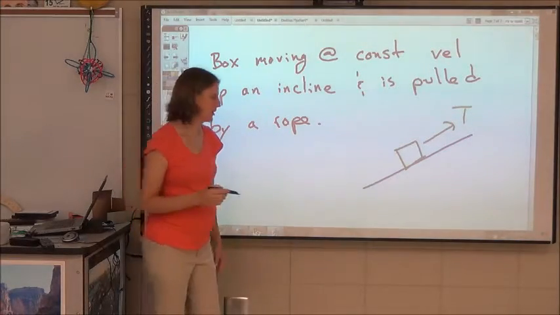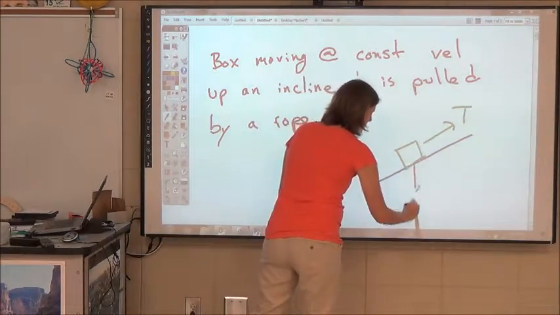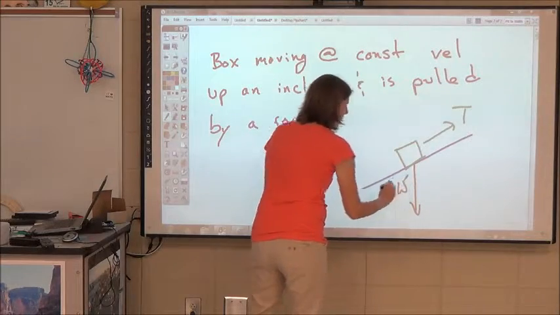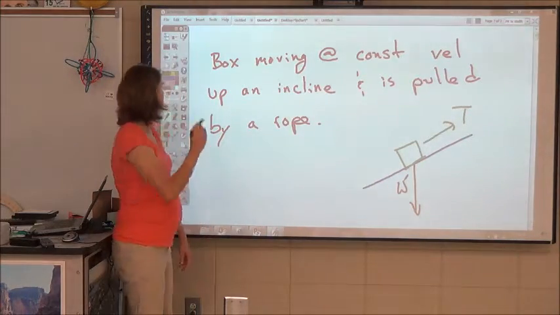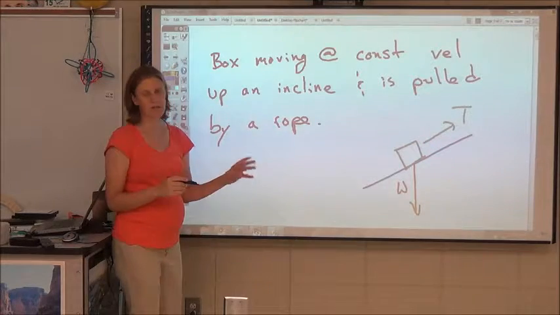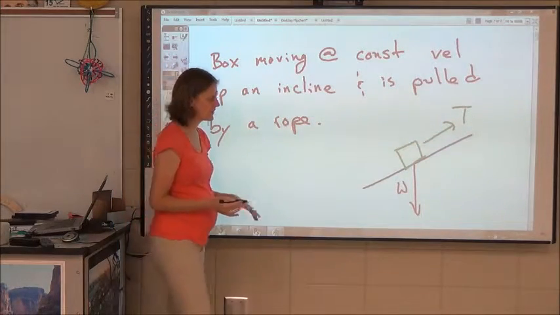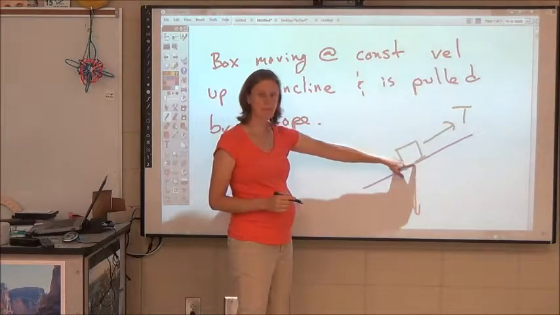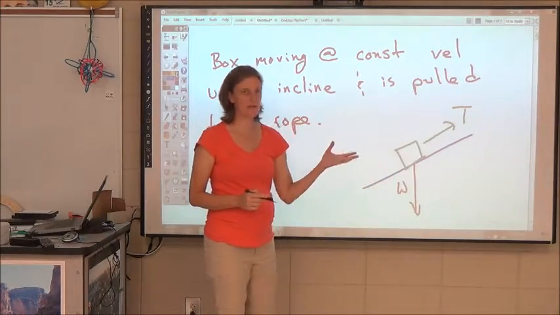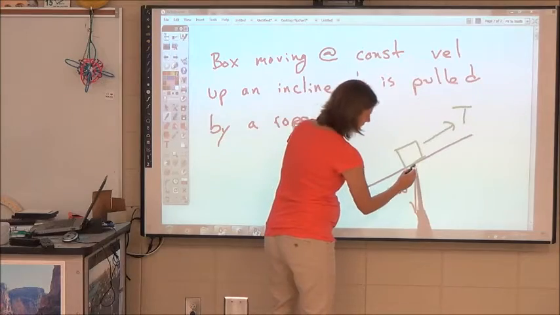Weight is one that I said we can always draw on there. So we have weight, but it is really not helpful to deal with just weight in an incline problem. We really want those components. So start back at the top, right at the box, and I like to draw weight perpendicular first.